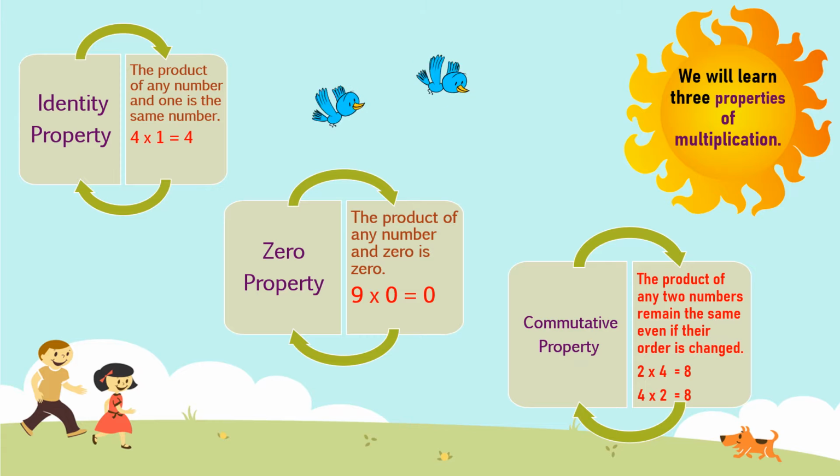For example, 2 multiplied by 4 will give you 8. Now, if you interchange 2 and 4, that means if you write 4 multiplied by 2, your answer will still be the same, 8. So, even if the numbers are interchanged, their product is the same.